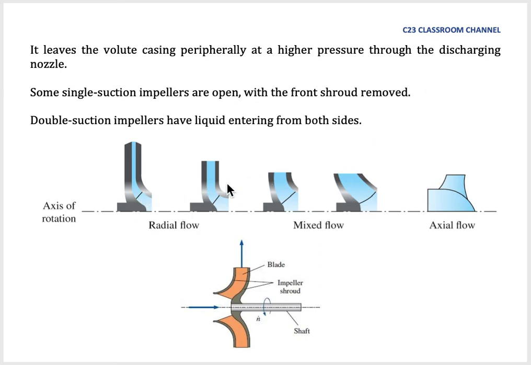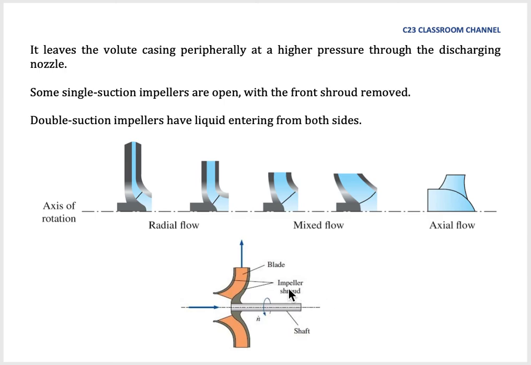So this is the basic diagram of the shape of blades to create radial flow, mixed flow, or axial flow. The blades here attach to the shaft, and when the shaft rotates at a certain speed, the blade also rotates at the same speed.